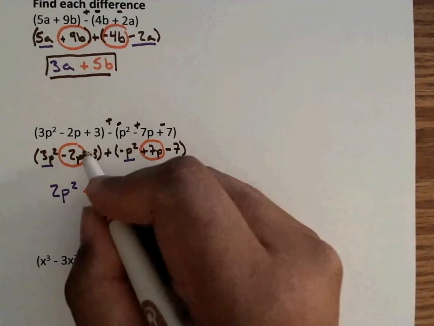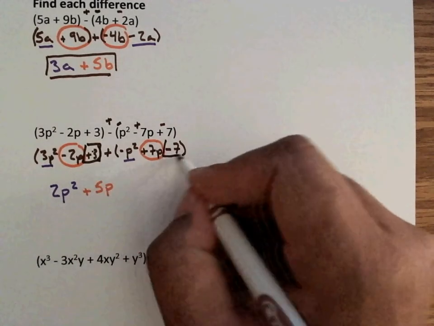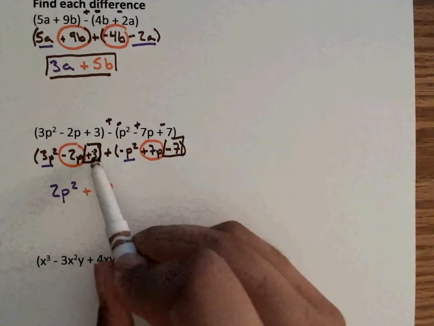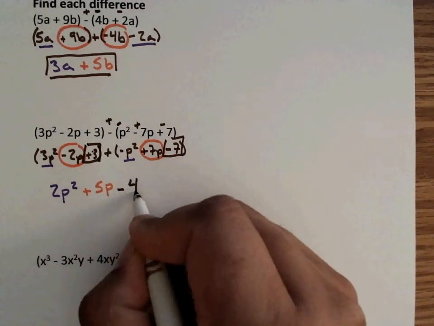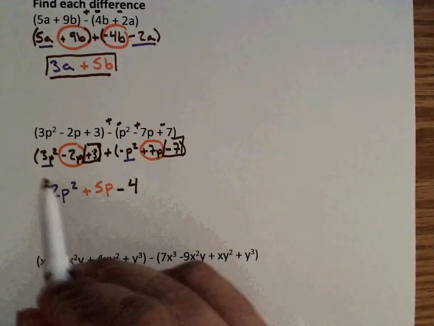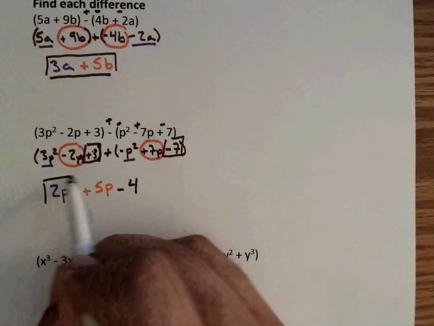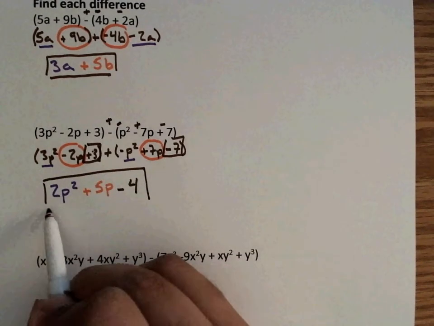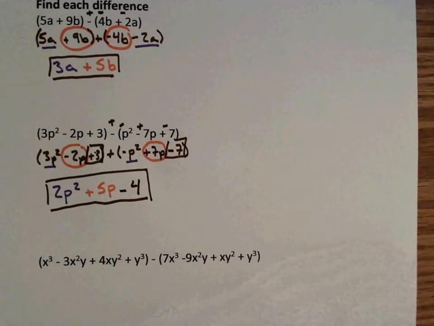And then we have our constants, which is a positive 3 and a negative 7. So 3 plus negative 7 will give us a minus 4. And we have either combined or brought down all our terms. So our final answer is 2p squared plus 5p minus 4.